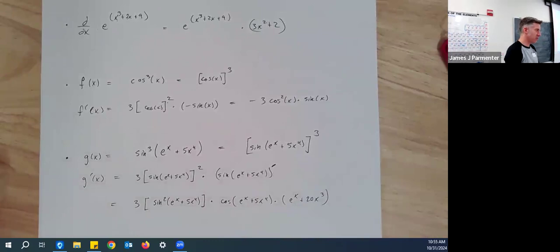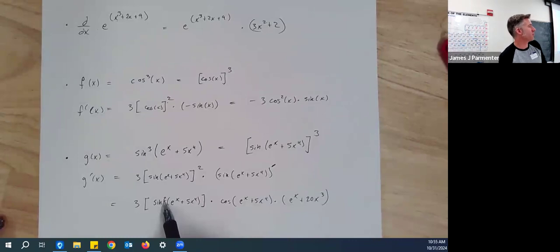And that would be our final gross looking answer. Did I forget a 2? No, it's right there. I moved it. I just used the abbreviated version of writing sine squared instead of sine of something squared.